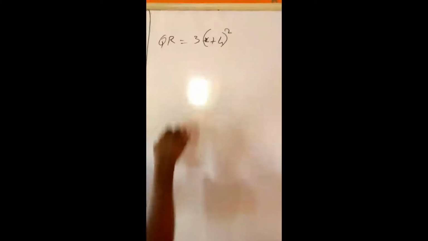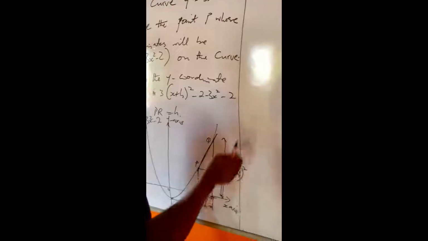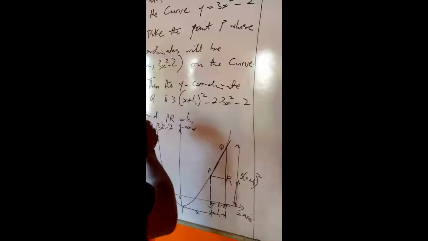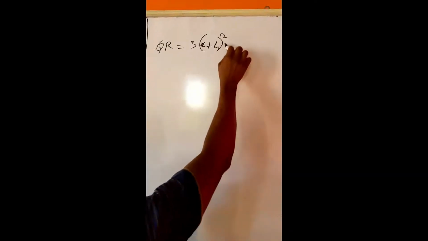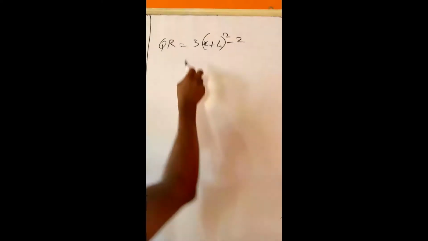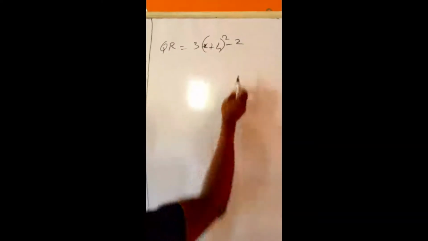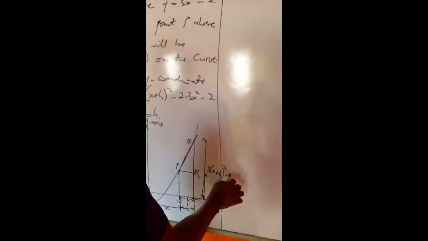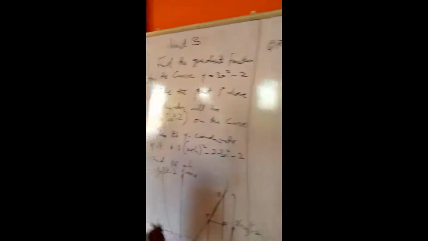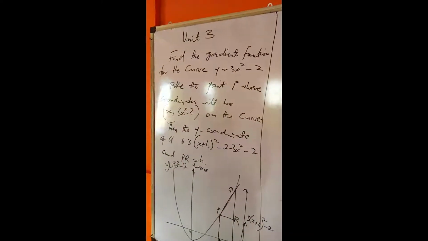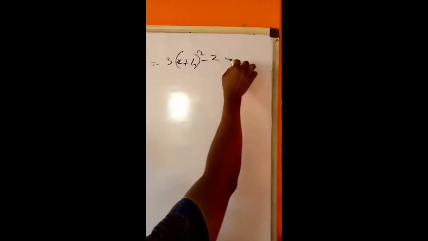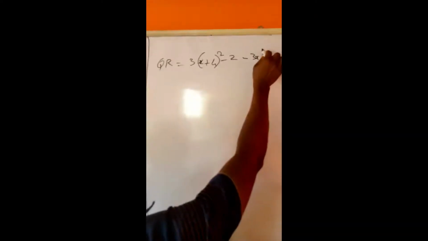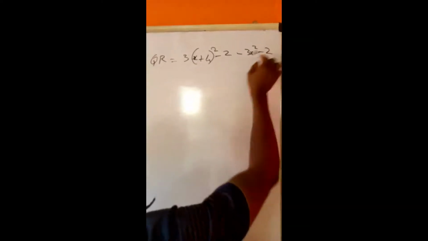Let me just put it QR. Then it will be subtracted from 3 into x plus h squared minus 2. Will be subtracted from where? From our P coordinate, which is 3x squared minus 2.